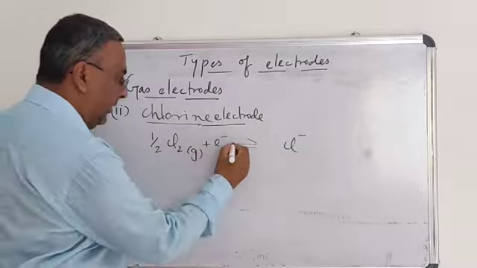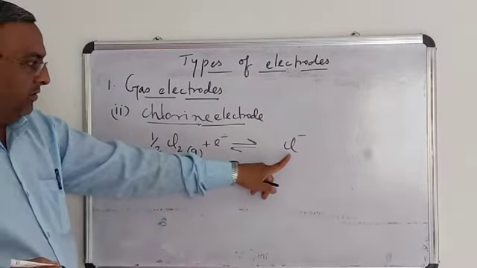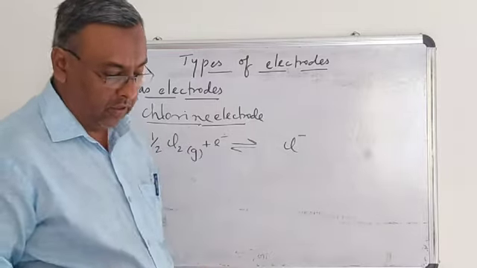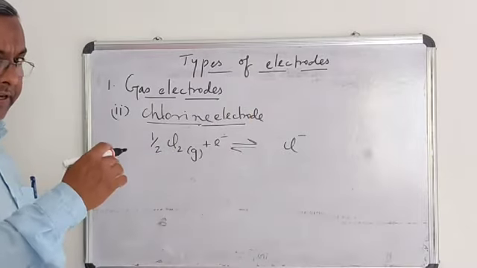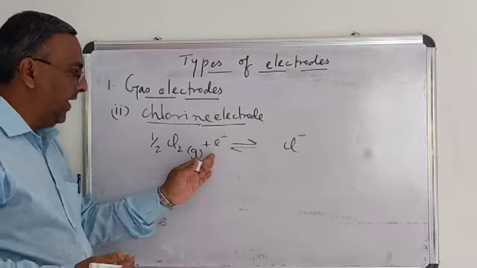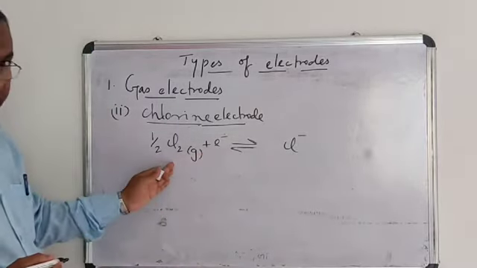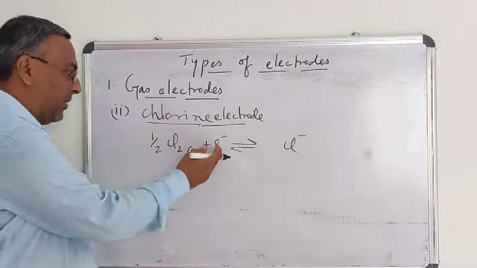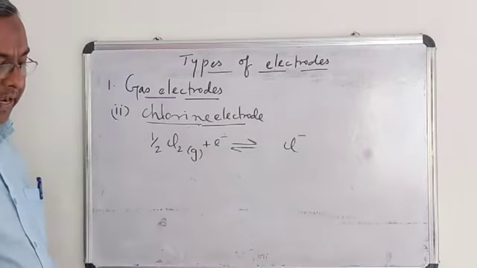See, this electrode is reversible with respect to Cl minus ions. Here, in the case of hydrogen electrode, hydrogen gets oxidized to H plus ions, but here it is exactly reverse. The chlorine gas undergoes reduction. It takes up electrons and reduces to Cl minus.